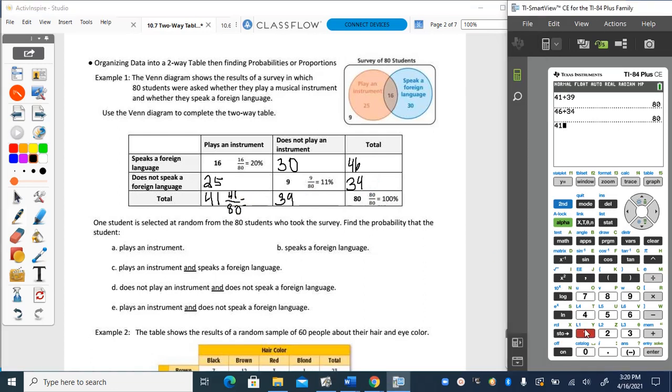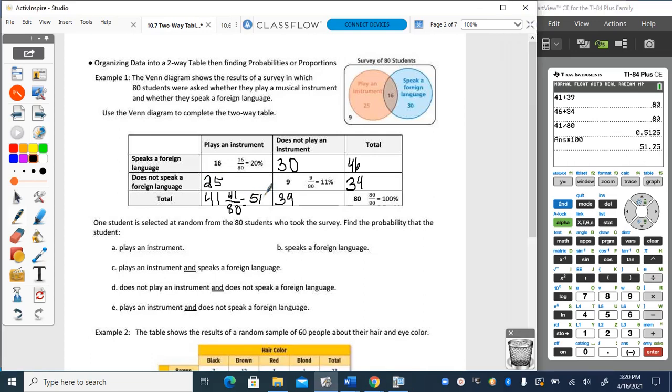And then what's 41 divided by 80? Well, that's 0.5125, but remember, percentage, so times 100. And that gets us 51%. Remember, we round to the nearest percent. All right, so we have 51% of students play an instrument.